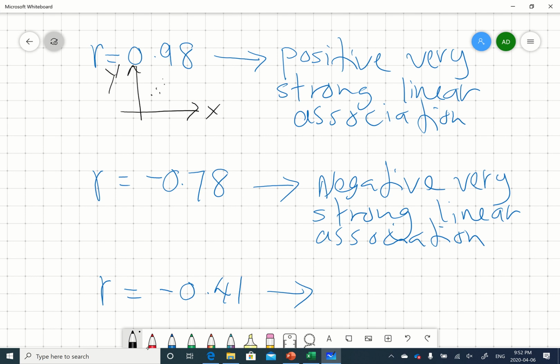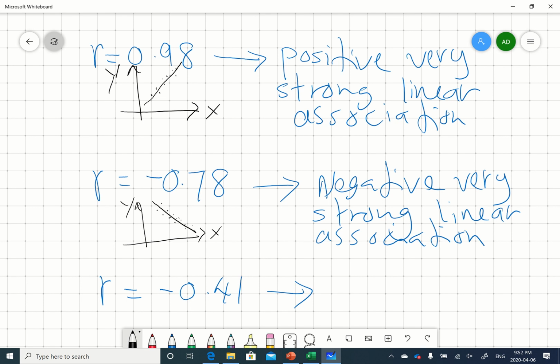So moving upwards, and they are closely gathered around a straight line. And for this one, it's moving downwards because it's negative, and still it's closely gathered around a straight line.